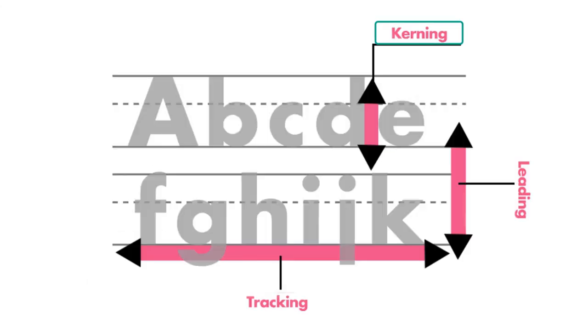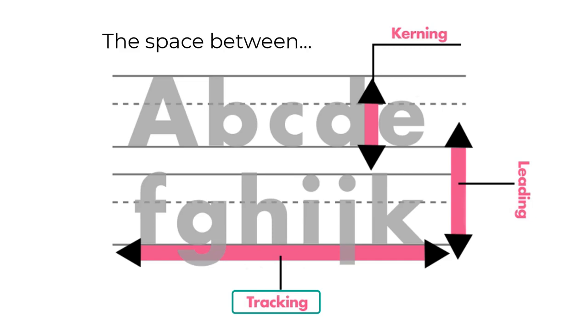Kerning refers to the space between two letters or characters. Tracking is the space between all letters in a word. So let's say the F, G, H, I, J, K are selected, or the A, B, C, D, E. That's more than two letters in a particular line.